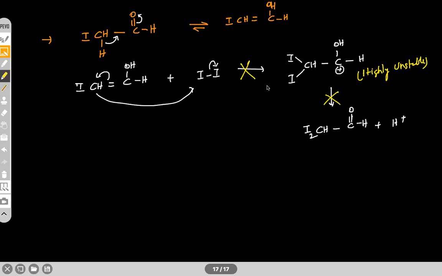Hence, the reaction becomes extremely slow, and we do not consider this reaction.